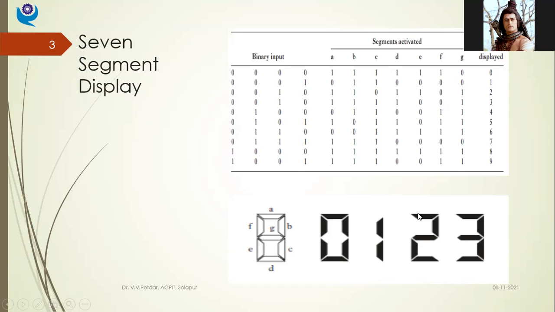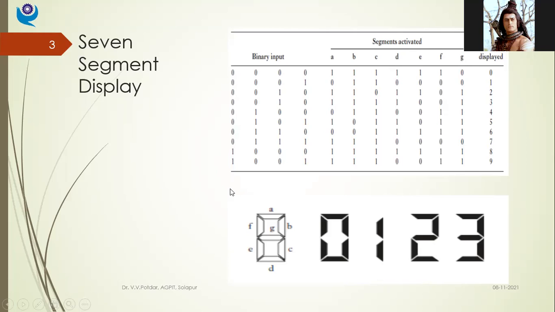Similarly, for 2, A, B, G, E, and D. So for 2: A, B, D, E, and G. Right? So it will be showing 2. So similarly, for all the decimal numbers, 0 to 9, I can have equivalent segments activated so that I can get this 7-segment display.